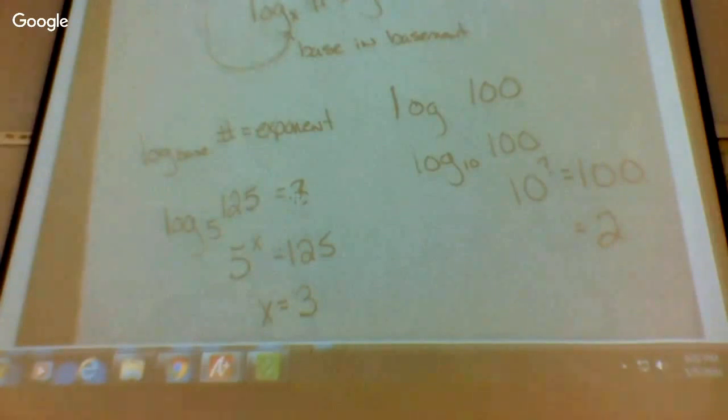So knowing your exponential form can help you with that. It can even help you solve other more complicated equations. Give me a second, I'll find a good example for you.